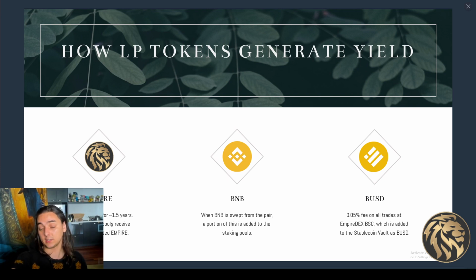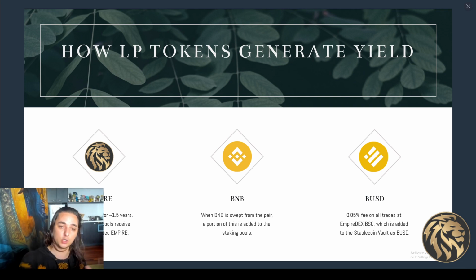That doesn't necessarily mean you're getting the highest APY, because APY is variable. It's based on the price of the token you're receiving, Empire. It's based on the duration of the pool, how quickly these tokens are being given out. And finally, it's based on how many other people are staking, because the more people that are staking, the less you individually get.